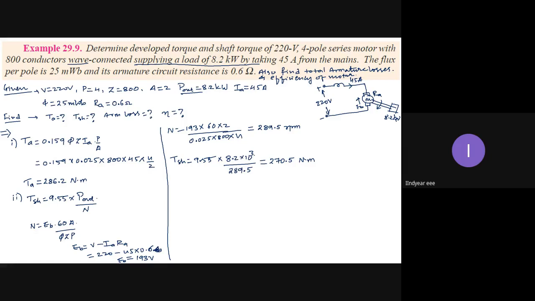So we should know what the losses existing in the armature are first. This is the second point. The third point is total armature losses.